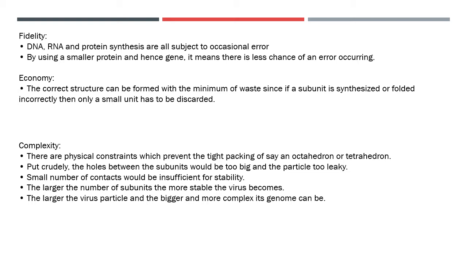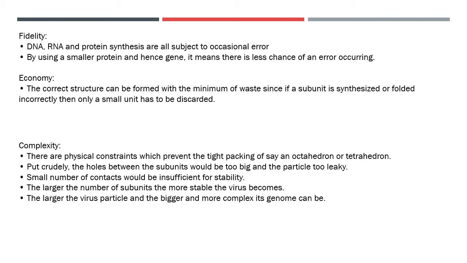So you just cannot do things randomly. If the subunit or the particle becomes too big, then there may be some mistakes or the particle may get too leaky. So the structure has to be compact and in a particular symmetry or manner, correct, to prevent mistakes like a leaky particle. A small number of contacts would be insufficient for stability.